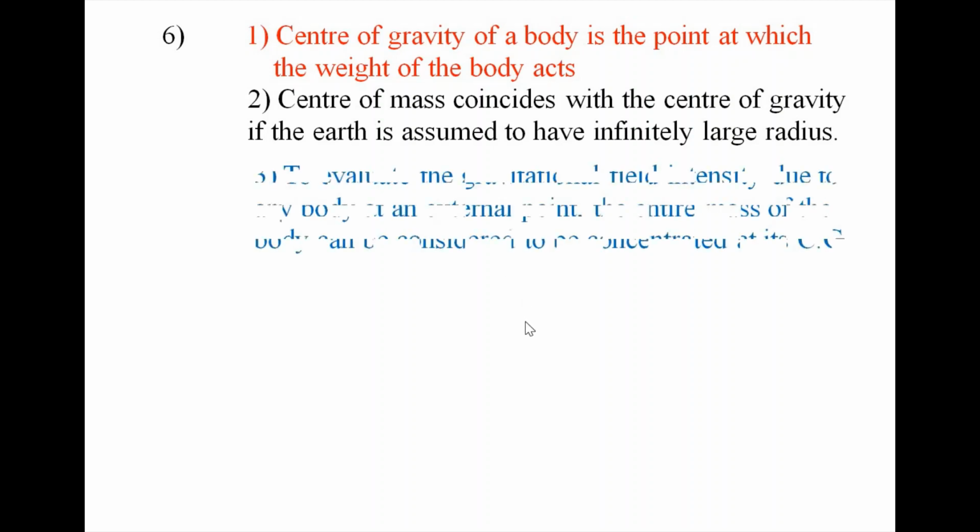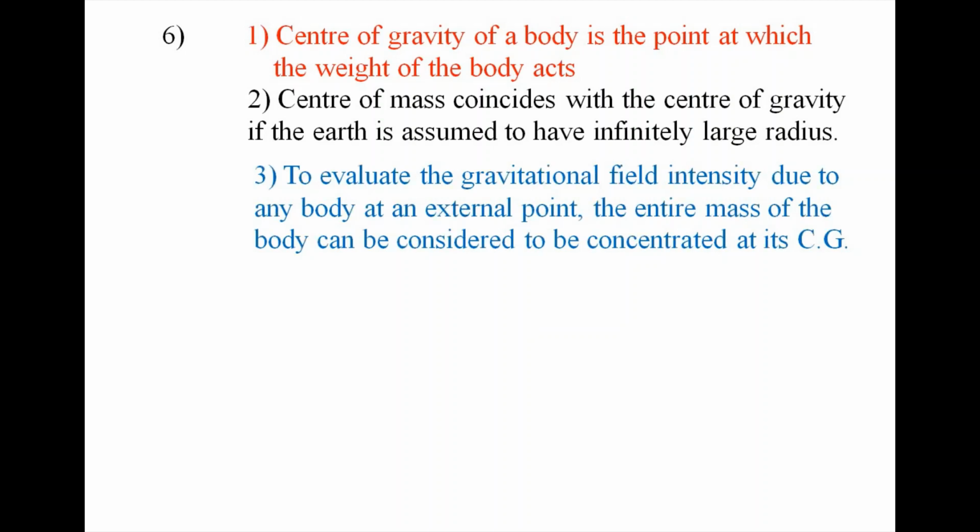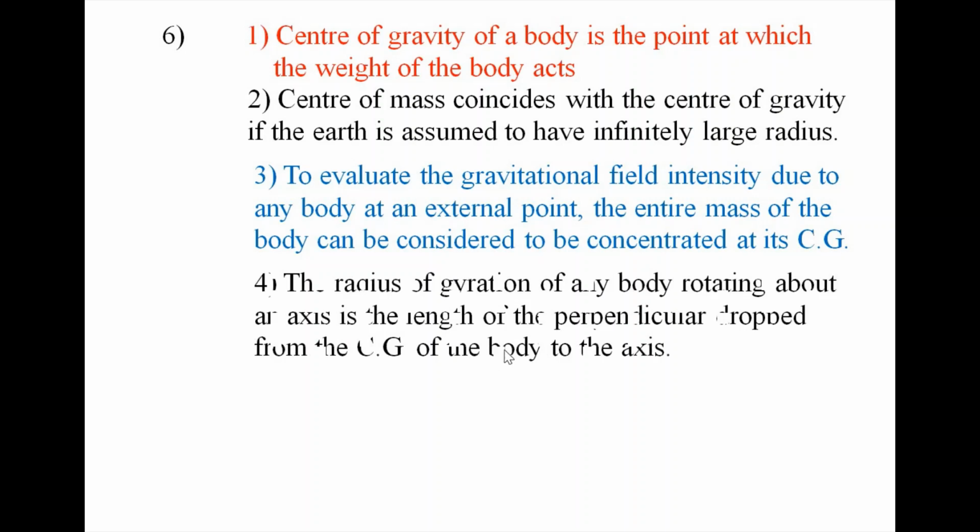Number 3: to evaluate the gravitational field intensity due to any body at an external point, the entire mass of the body can be considered to be concentrated at its center of gravity. And number 4: radius of gyration of any body rotating about an axis is the length of the perpendicular dropped from the center of gravity of the body to the axis.